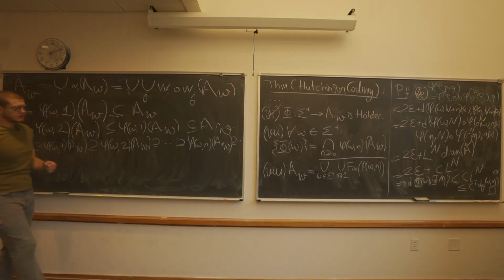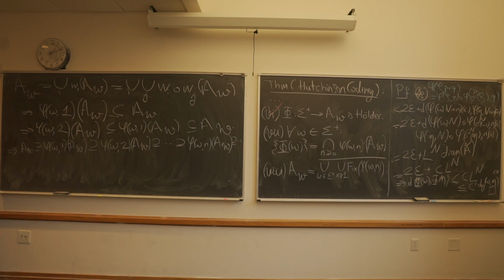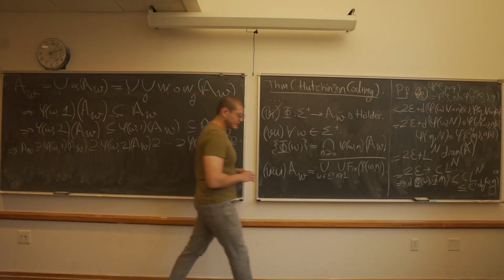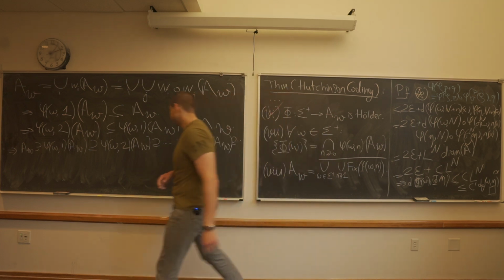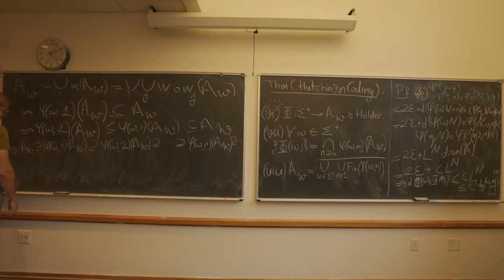In particular, they are continuous, and continuous images of compact subsets are compact. So I have a nested sequence of compact non-empty subsets. Well, that intersection has to be a point. Maybe I should leave that as an exercise.